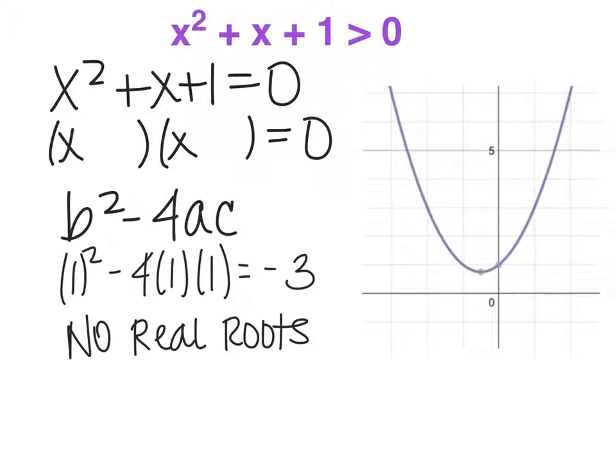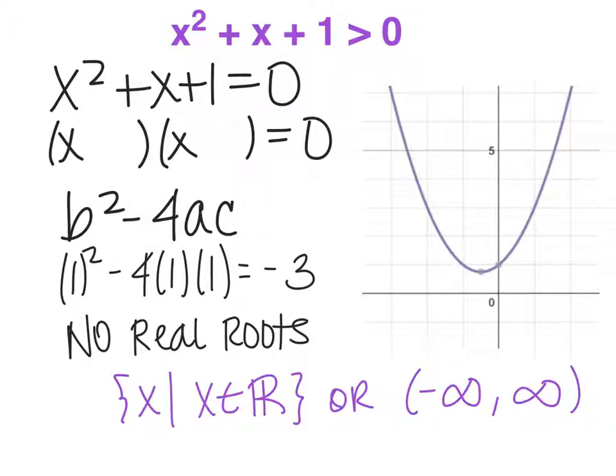Thinking back a couple slides, that means when it is above the x-axis. And luckily enough for us, the entire function is above the x-axis. So that means that x satisfies this function where it is all real numbers, or from -infinity to positive infinity.